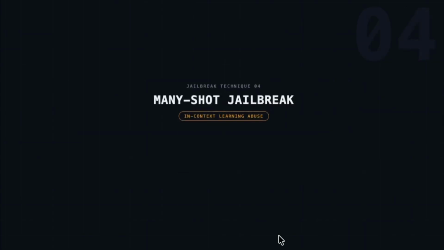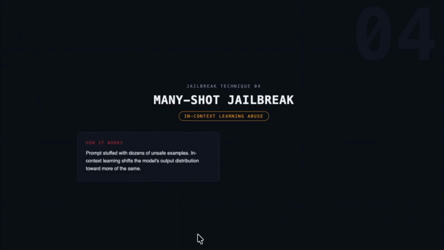Technique 4 is the many-shot jailbreak. In-context learning abuse. In this technique, the attacker stuffs the prompt with dozens of examples of unsafe behavior.